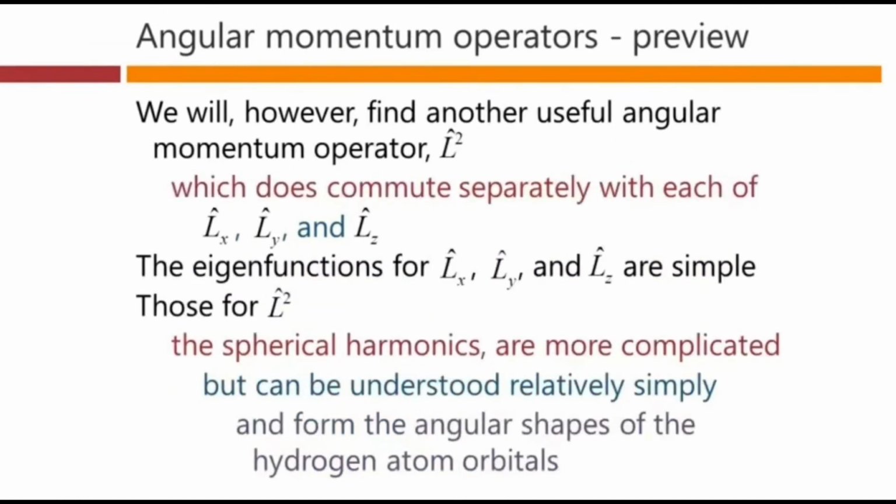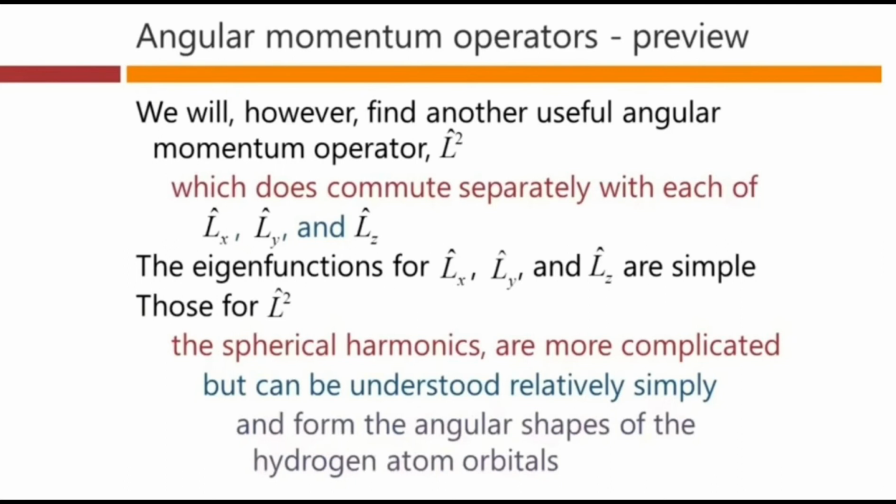There is, however, another rather useful operator when thinking about angular momentum. That one is called L square, and it does commute separately with each of the operators Lx, Ly and Lz. The eigenfunctions for Lx, Ly and Lz are individually going to be quite simple.